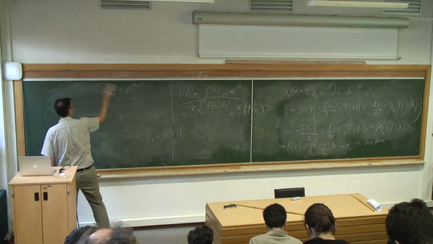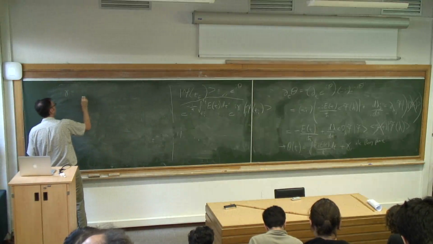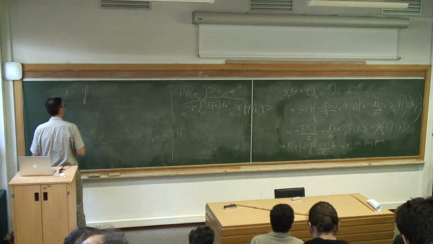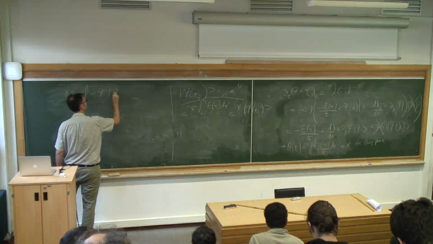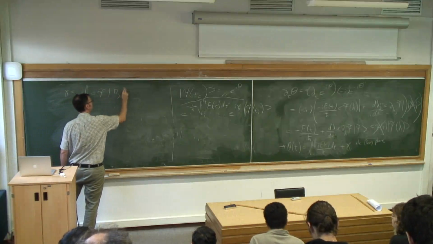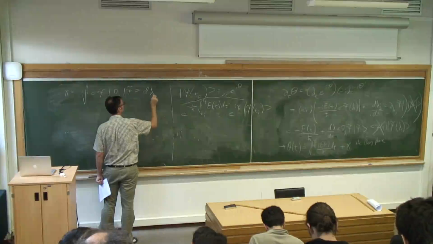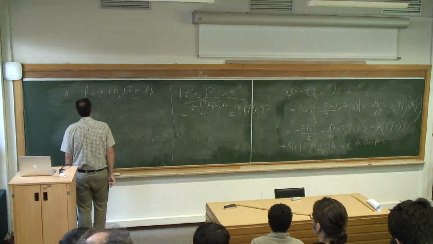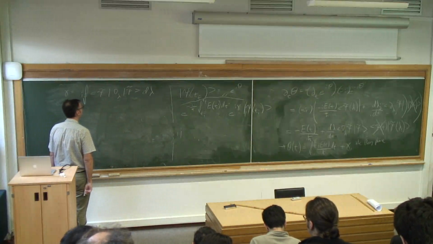For the Berry part, we said that gamma was the integral of psi twiddle, a line integral in parameter space.